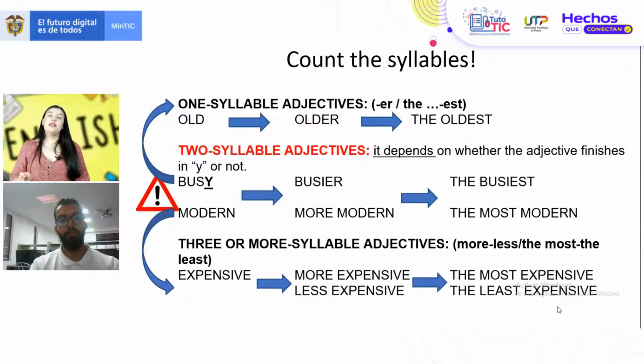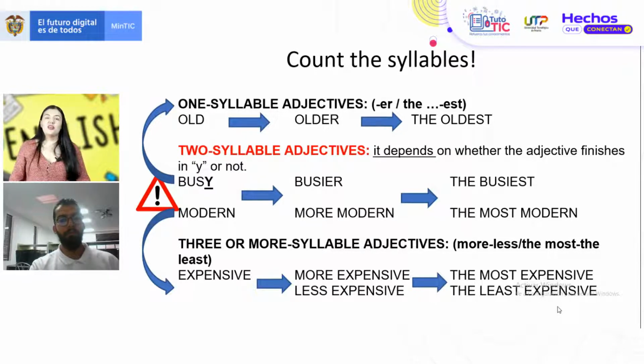Pero si tiene dos o más sílabas y no termina en Y, le agregamos la palabra the most, ¿ok? The most y simplemente ponemos el adjetivo, como en el caso de modern. Decimos the most modern. That would be the superlative if we have 2, 3 or more syllables. ¿Ok? Eso para decir el más.